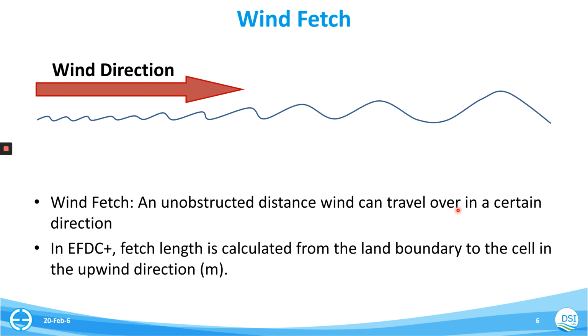Another important factor is the wind fetch. As I said, when wind blows over a water surface, it usually starts with capillary waves, and then as it blows constantly over a period of time and over a large enough area, it can gradually develop into larger waves.